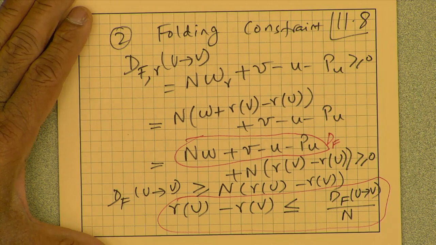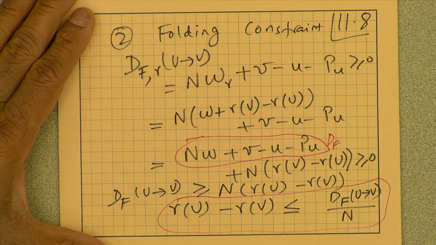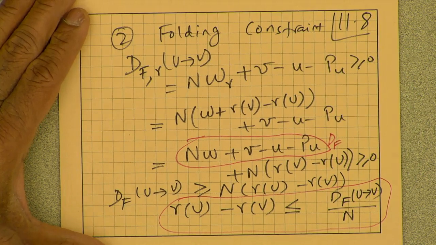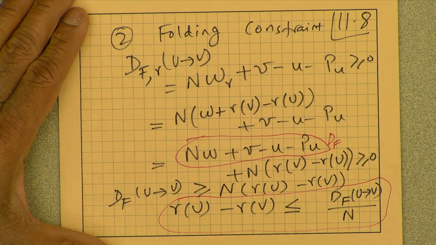That means the specified folding set is not feasible. It is not possible to design a data path that will meet the specified folding set constraints.